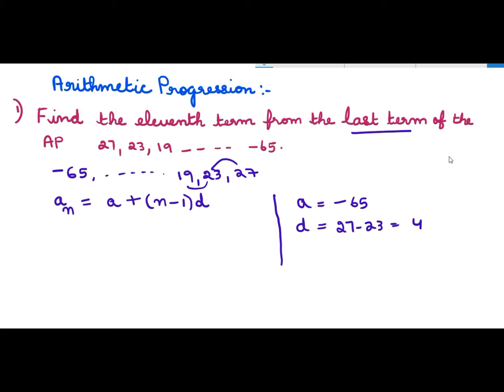Now I am going to substitute. I have to find out the 11th term. That means a11 equal to a plus (11 minus 1) into d. I can substitute the value of a as well as d.